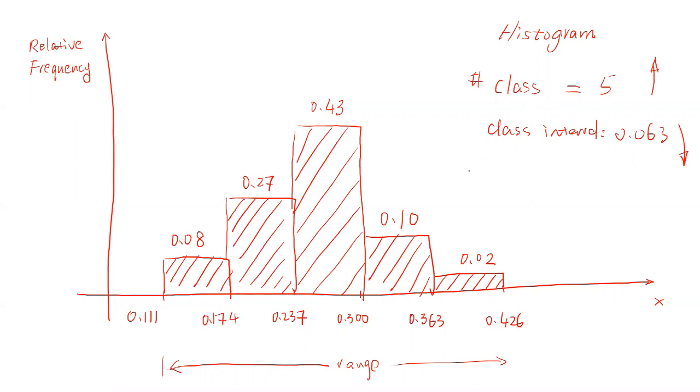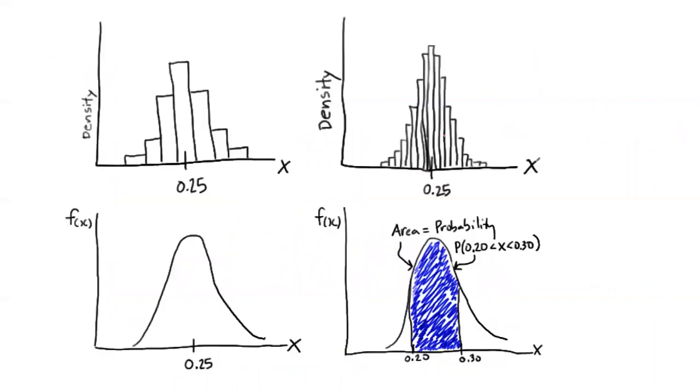And if the number of classes is very large, the class interval is very, very small, right? And when the class interval is small enough, the histogram's bars become a function curve like this.